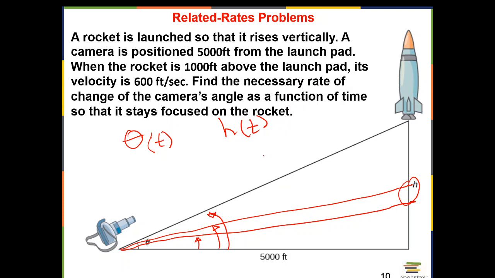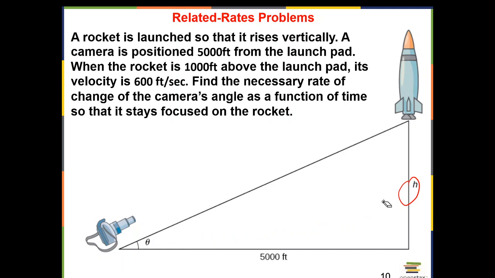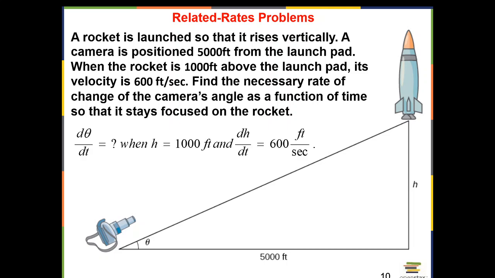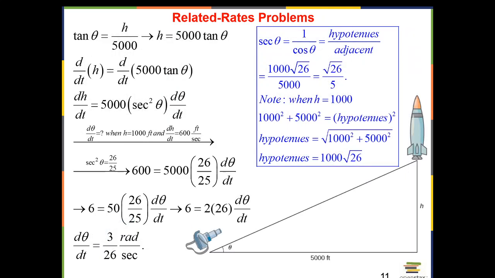So what do we do? Well, we have to write a relationship between theta and h, right? So what is the relationship between theta and h? Well, we know the tangent of theta is opposite over adjacent.